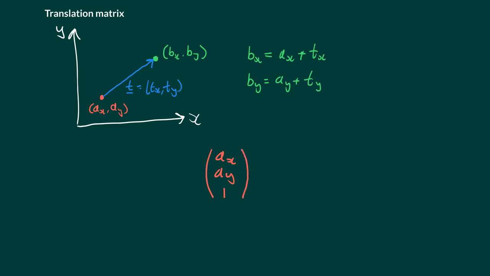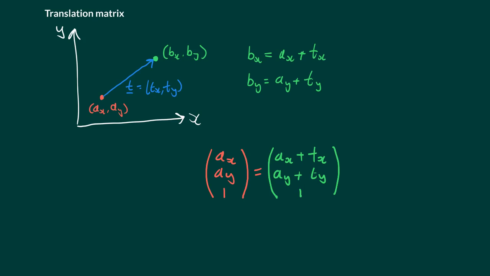Okay, and we've seen that this should be equal to, sorry, that's the bx, the coordinate which I'm going to end up at, ax plus tx. And the by coordinate I want to be ay plus ty, and I'm also going to have that 1. Okay, so that's what I want to end up with.